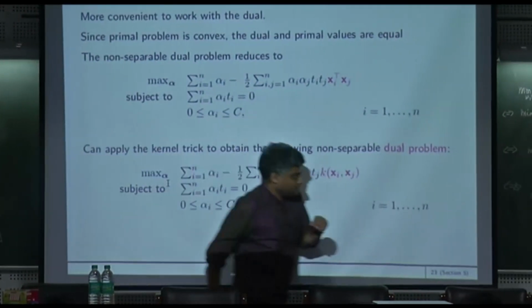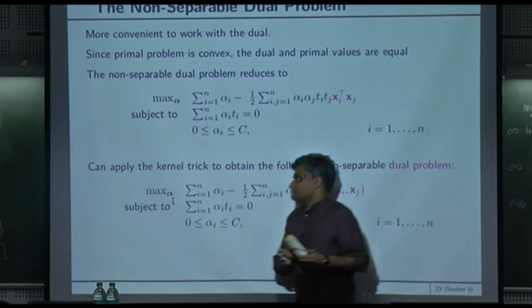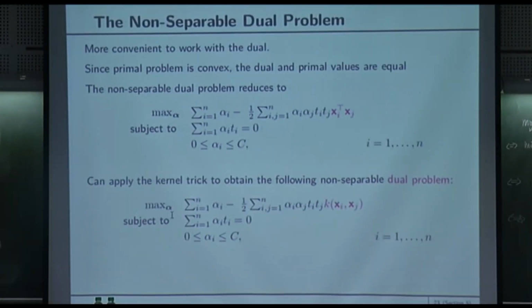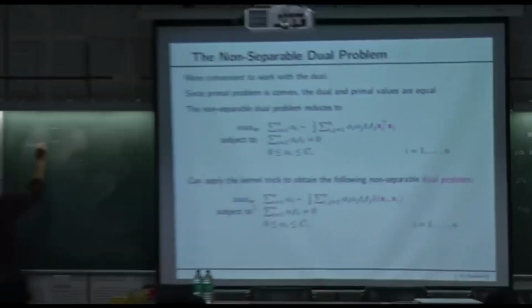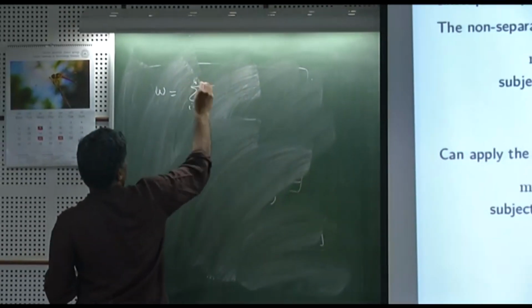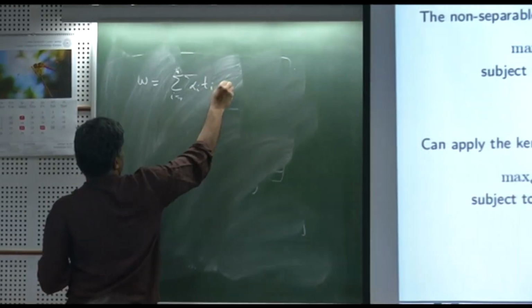Now from here, if you plug that back in, let's do that on this side. So I know that W is the summation of i going from 1 to n of alpha_i t_i x_i.